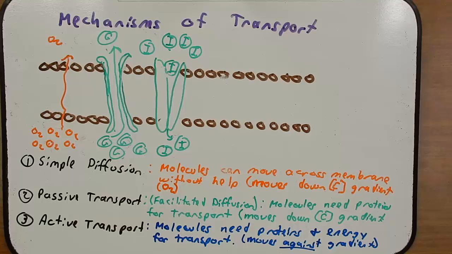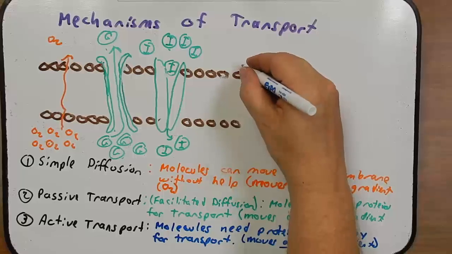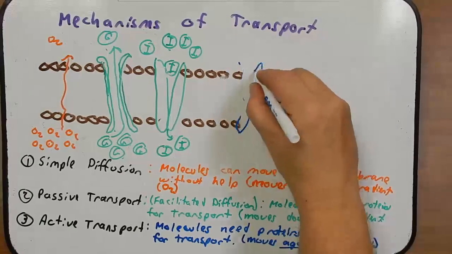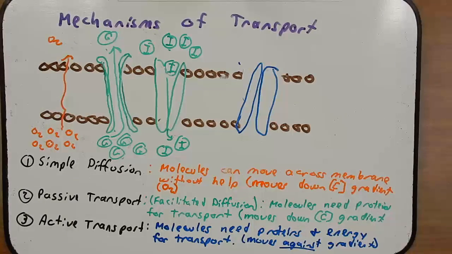It will also require a transporter. Channels won't work so well with active transport, so they require these transport proteins. And so let me draw a transport protein. A good example of this would be the ions. So maybe chloride we'll talk about.